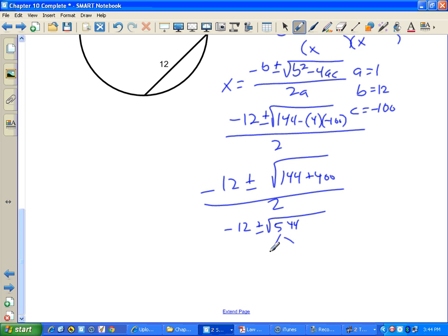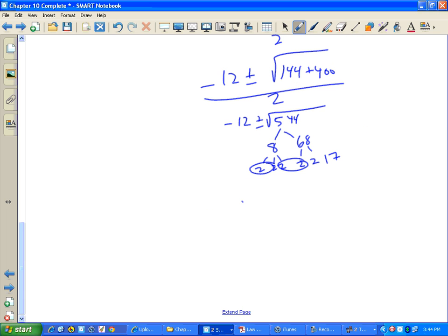Let's break that down. So let's see, 544. You can divide by 8, and you get 68. 8 is 2 times 2 times 2. 68 is 2 times 2 times 17.